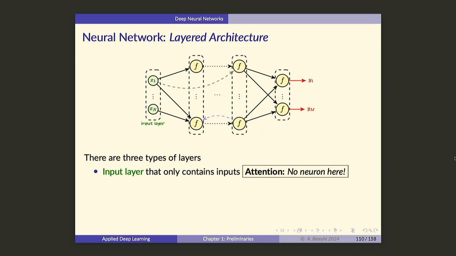Is it always the case that there are capital N neurons in the input layer, or circles at least, and then for the first layer, second layer, etc., does it always increase? No, there's no reason. You're going to see it later, but it depends on your problem.